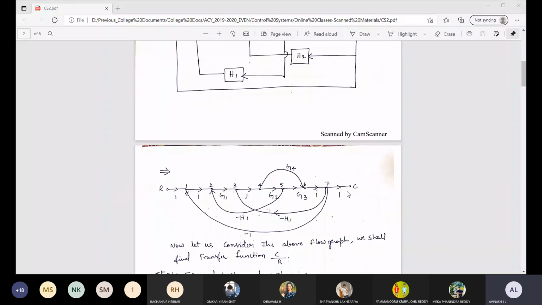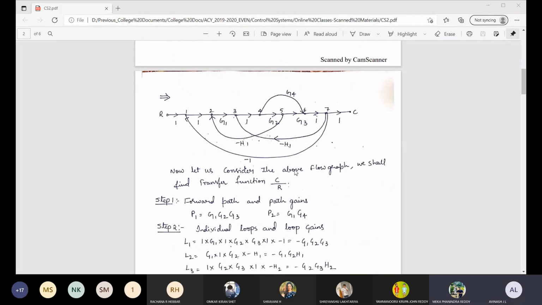So once I have taken all these things. Now once you get this particular signal flow graph, what is the next step? How to find the transfer function? By using the Mason gain formula, isn't it so? Now let us consider the signal flow graph which has been given.